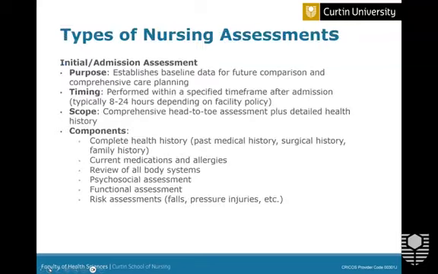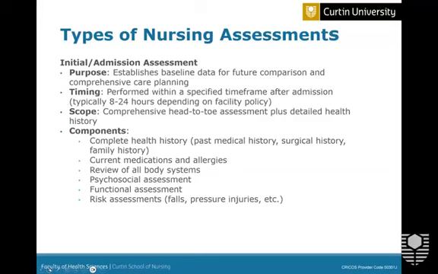So when we think about the types of nursing assessments, for example, an initial or admission assessment, what it does is establish baseline data for future comparisons and comprehensive care planning, and it's usually performed within a specified time frame after admission, typically between 8 to 24 hours depending on the facility's policy.